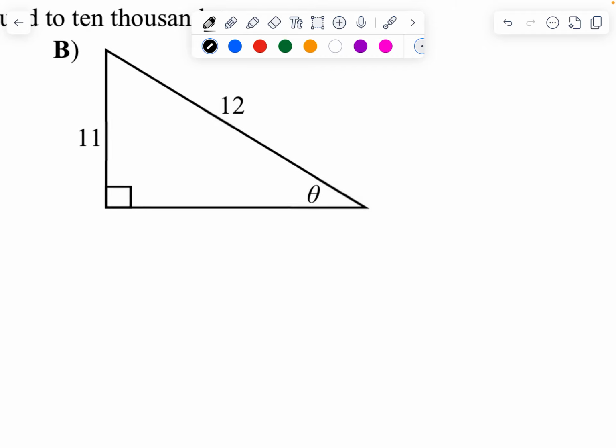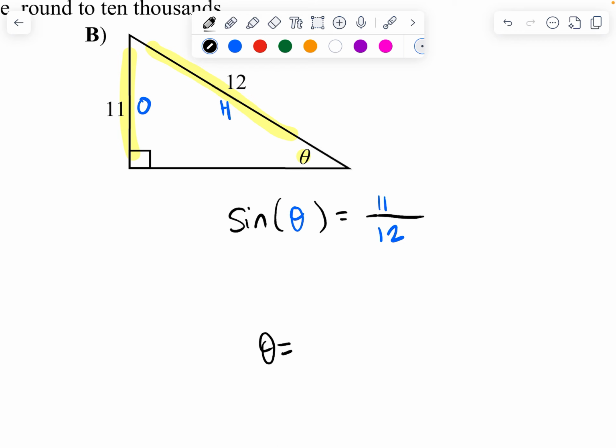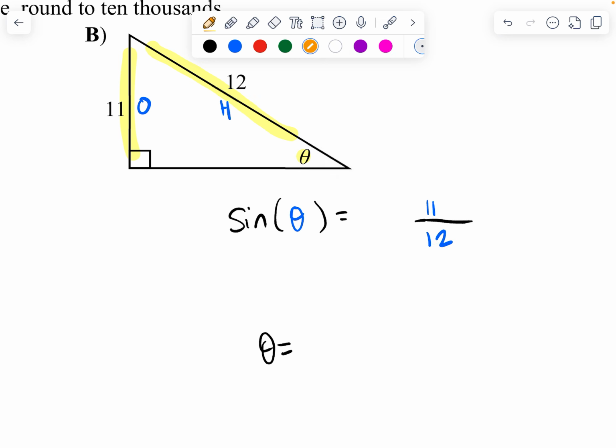Next one, we have example B. So we have angle 11 and 12. So from our angle, 11 is the opposite side, 12 is hypotenuse. This is a sine function. Right? Our opposite is 11, hypotenuse 12. Our angle, our theta, is unknown, so that is my goal. Right? So theta equals is the end goal. So here, same thing. It's attached by sine, right? Theta is attached to sine, so we have to undo sine.